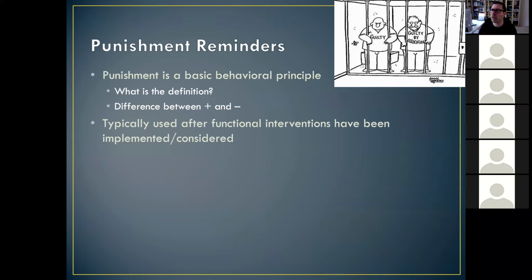Sometimes we're talking about severe behavior that is quite dangerous to the individual or others, where you may not have the luxury of waiting until something like a differential reinforcement procedure is effective. Or, as I'm going to mention a little later, oftentimes differential punishment may be used or should be used with some form of differential reinforcement.